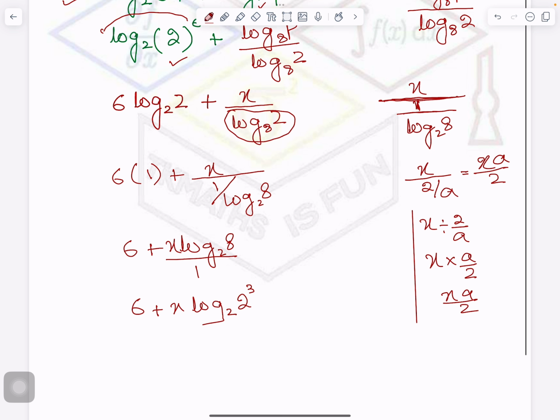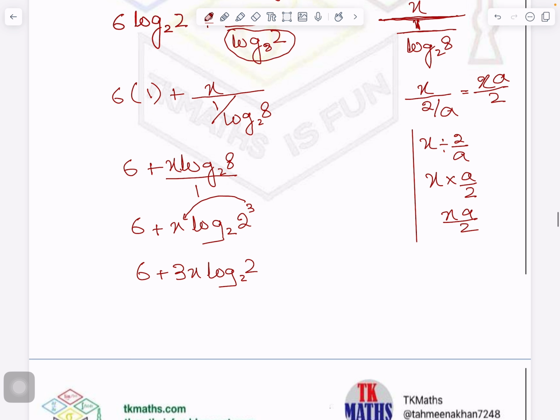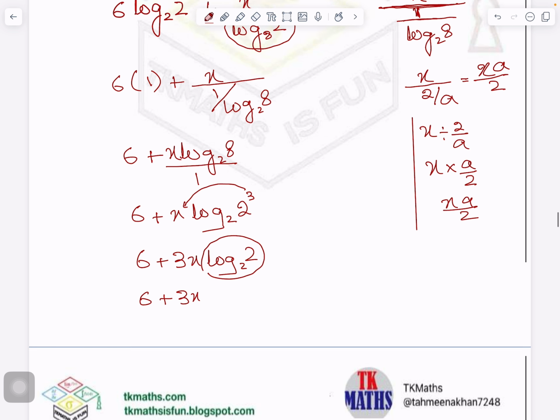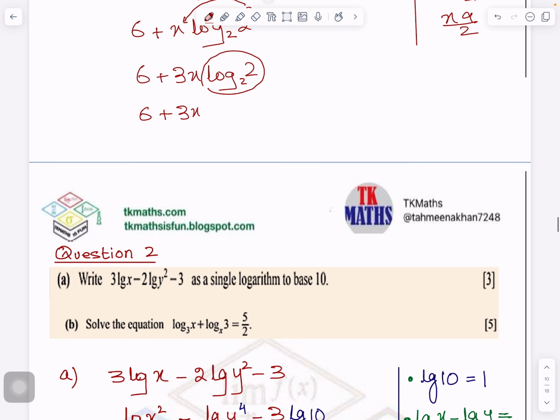Because 8 is 2 power 3, 3 comes here as a multiplier. 6 plus 3x log 2 base 2, which is 1. So it is 6 plus 3x, because this whole thing is equal to 1. So this is how you will change it into X. This question was a little complicated.